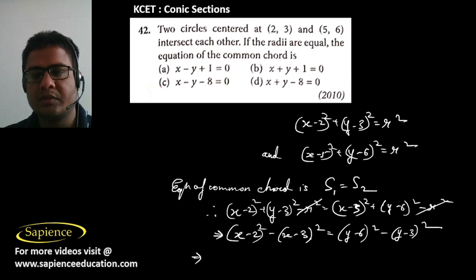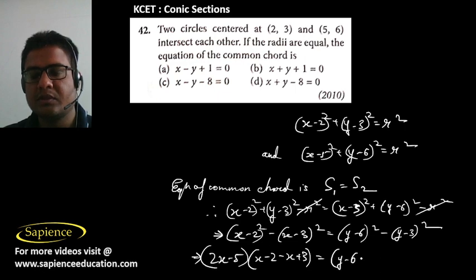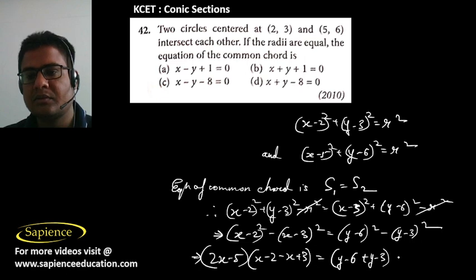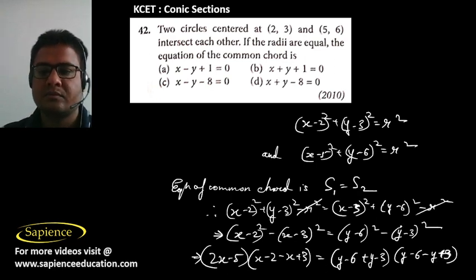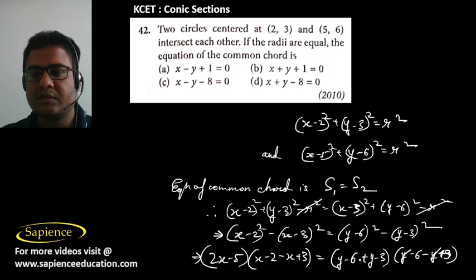a square minus b square, so a plus b into a minus b. So this is 2x minus 5 into a minus b, so it is x minus 2 minus x plus 3. So y and y will cancel.